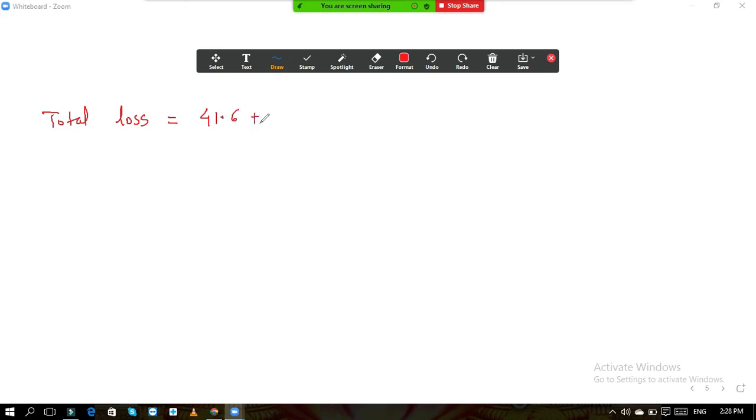Add all these plus 32.5 plus creep is 33.28 plus 71.62, which works out to be 179 Newton per mm square. This is the loss of prestress. This is the total loss of prestress.